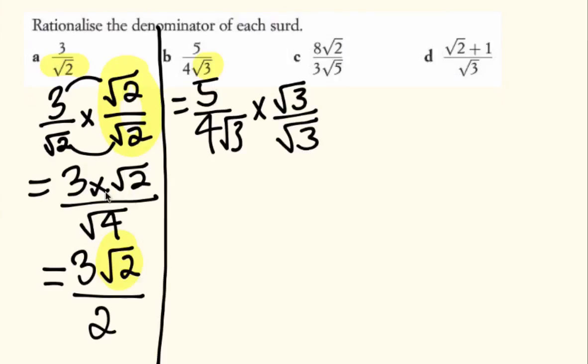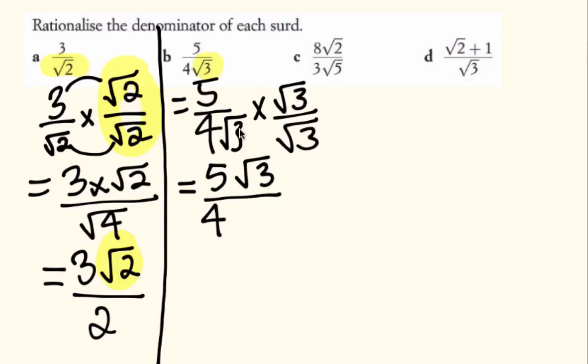Like I said over here, you will get quicker at doing these as we go. So I'm not going to write the times symbol in as I did over here. I'm just going to go straight to writing 5 root 3 over 4.